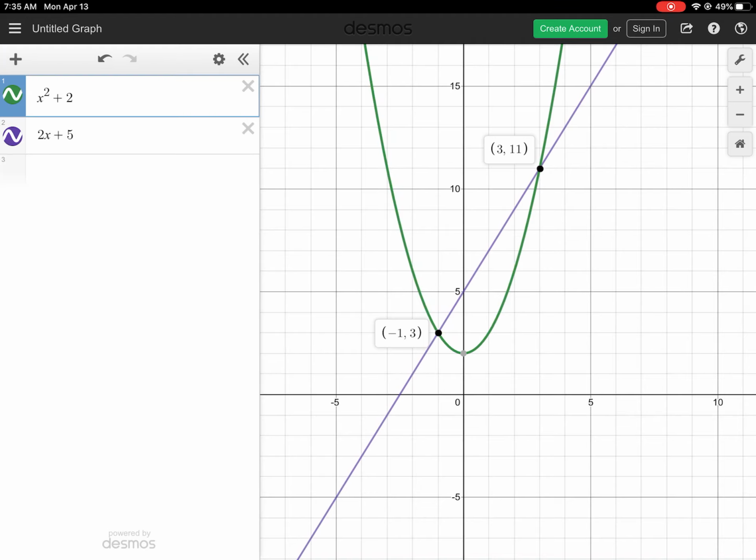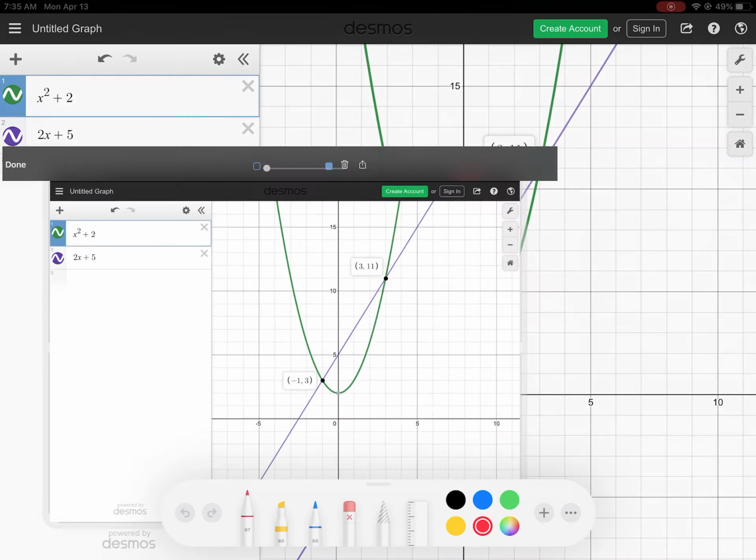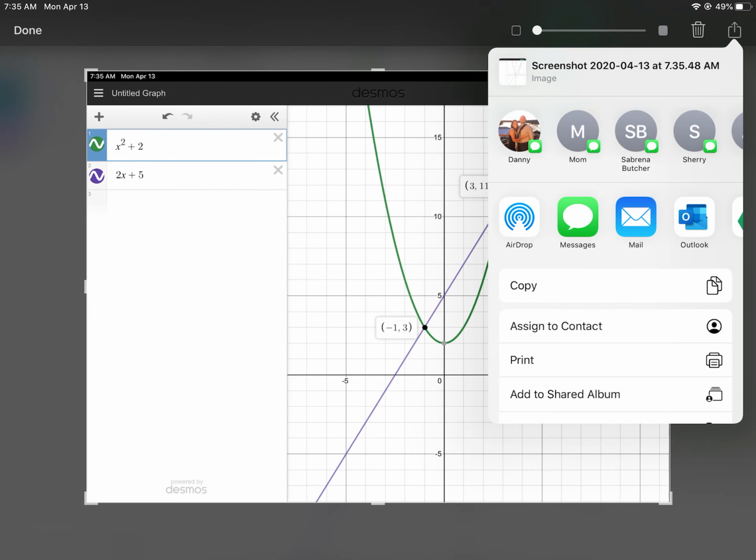The y values don't matter so much. In the top function, my line is always above the parabola in that region. Okay, so I'm going to duplicate this graph back onto my notes. I'm actually going to screenshot it.